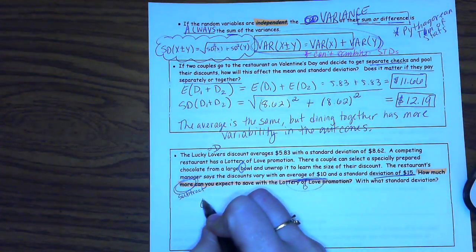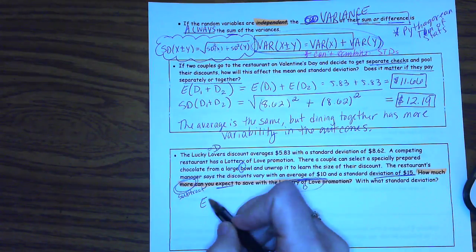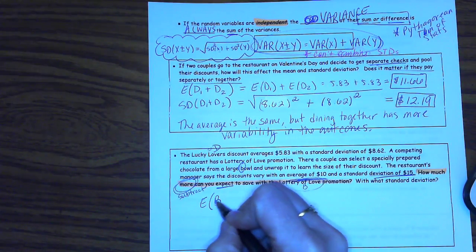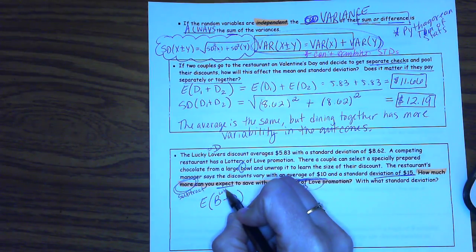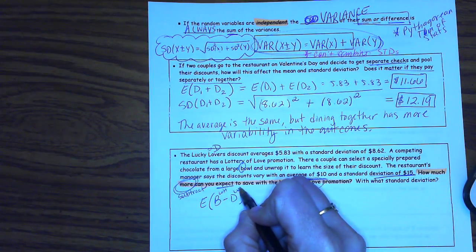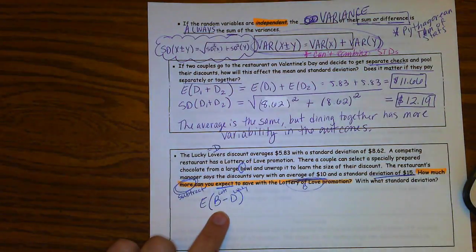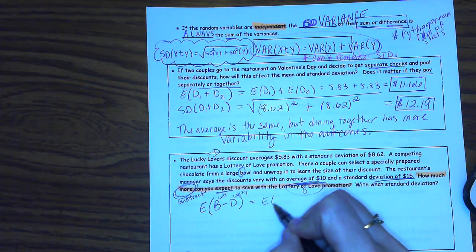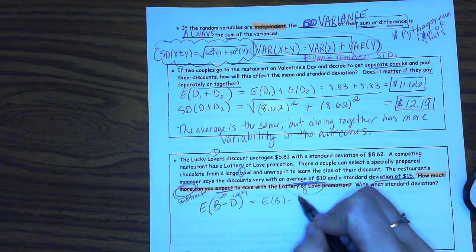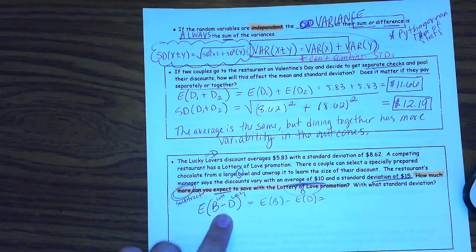So on average, how much more can you expect, that's an expected value, or the average, of the difference in these two discounts? This is our Lottery of Love, and this is our Lucky Lovers. So now we're using our formulas, and we can just simply subtract the means. The means are easy. If you want the mean of a sum or difference of two random variables, you just subtract their means or add their means.